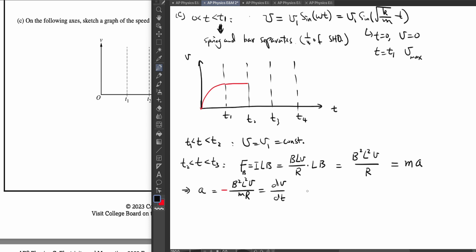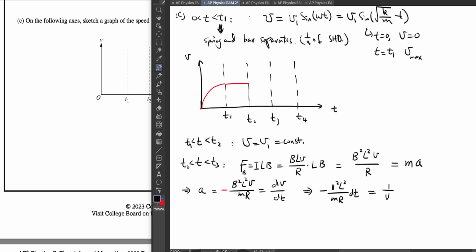Okay, so we need to integrate this differential equation. So I need to separate the variables. dt goes to one side. So I'm going to move dt to the left side. So we have negative B squared L squared over mR dt.